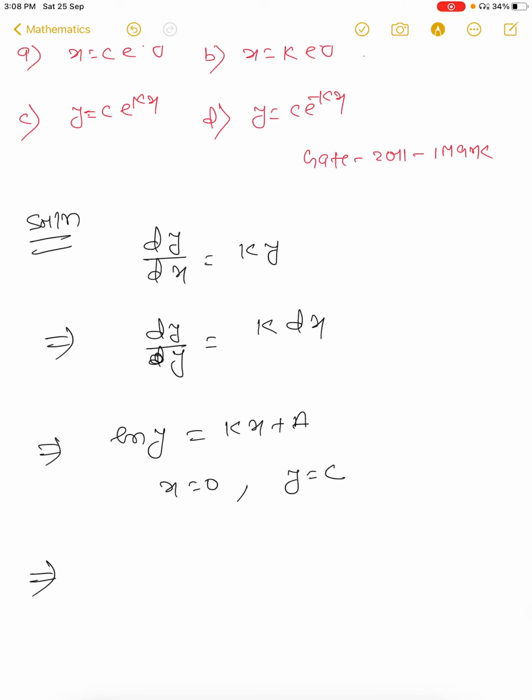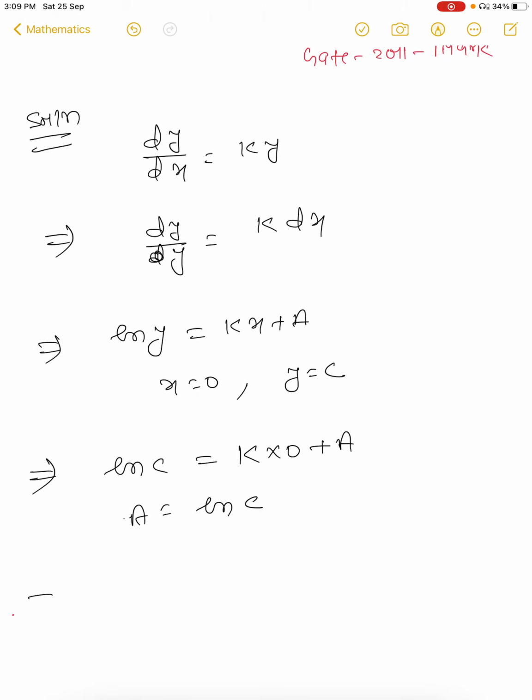Okay, so what will happen? x is equal to 0, ln c is equal to k into 0 plus a, or a is equal to ln c.